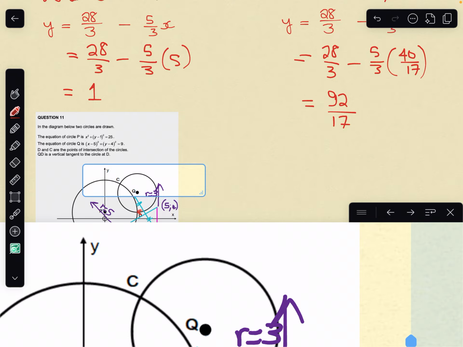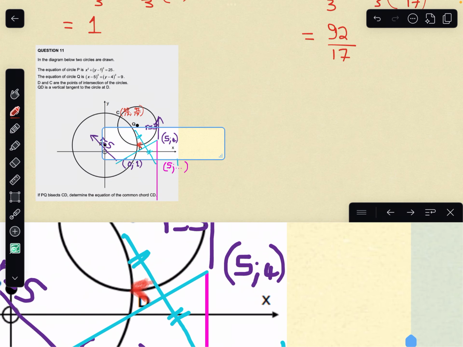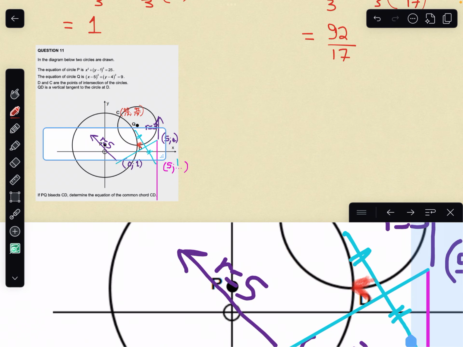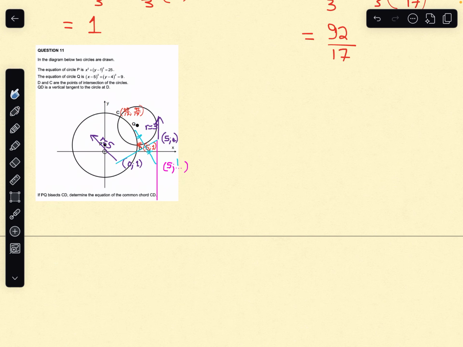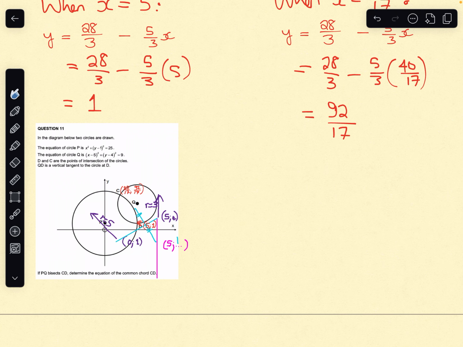The coordinates of C are 40 over 17 and 92 over 17, while the coordinates of D are 5 and 1. And so we can figure out the equation of CD by working out the gradient and then subbing in one of the points to figure out the y-intercept.